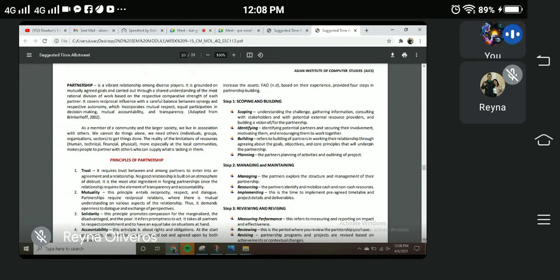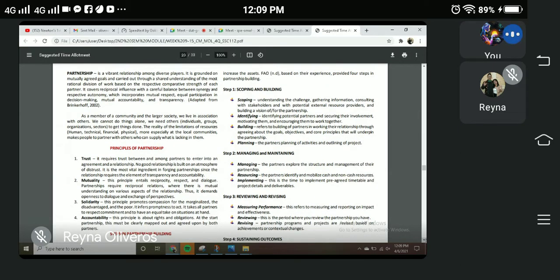Next, number 2 is mutuality. Okay? When we say mutuality, this principle entails reciprocity, respect and dialogue. Partnership requires reciprocal relations where there is a mutual understanding on various aspects of the relationship, and it also demands openness to dialogue and exchange of different perspectives. And then for number 3, the principle is solidarity.